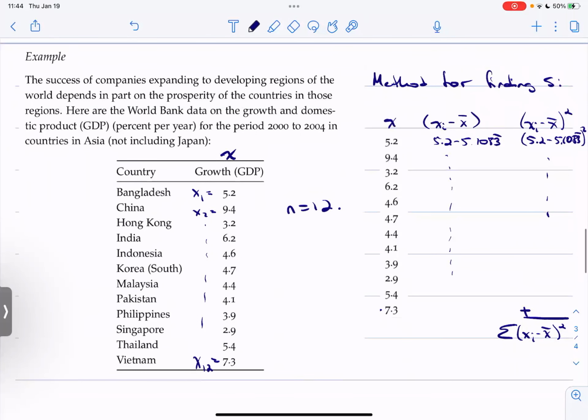Is that sort of satisfactory? Okay, from the example, we got the average being 5.1. So what that basically means is the average GDP of an Asian country is 5.1. And the standard deviation came up to 2.1.